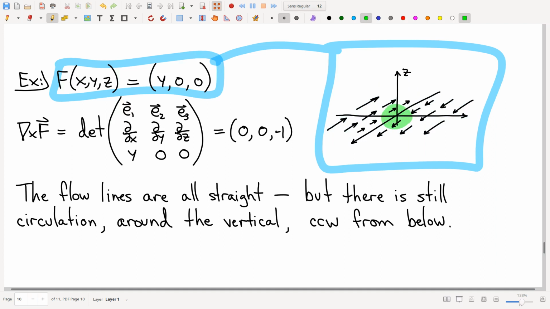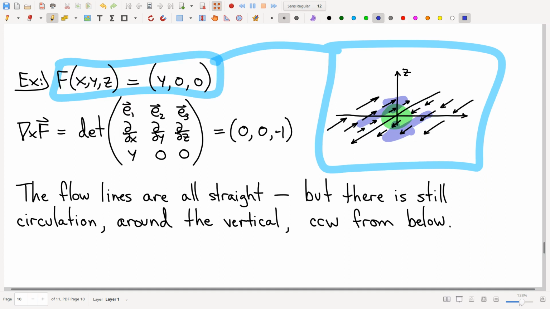And now I'm going to appeal to your physical intuition. If there's my little ball, and the water is flowing on that side of it in that direction, and it's flowing on this other side in the other direction, what do you think is going to happen to that ball? I think it's going to rotate, isn't it? Right?